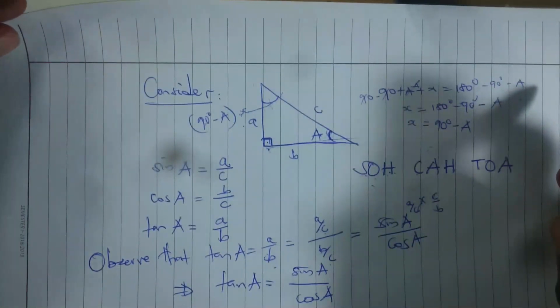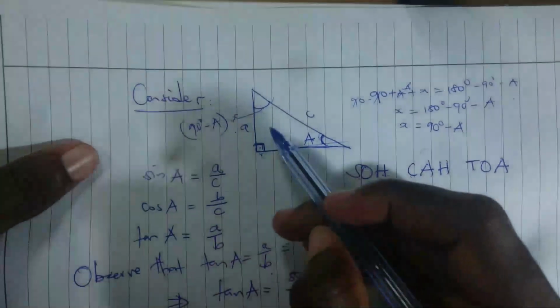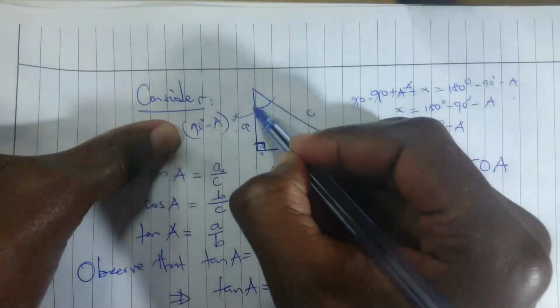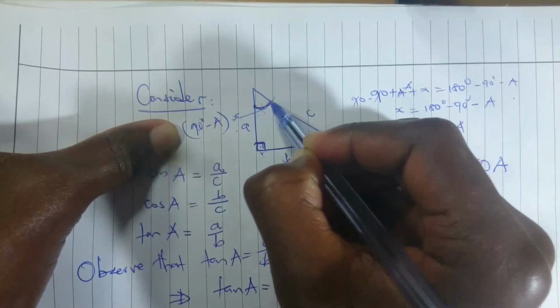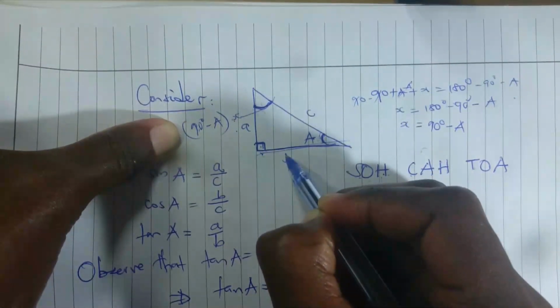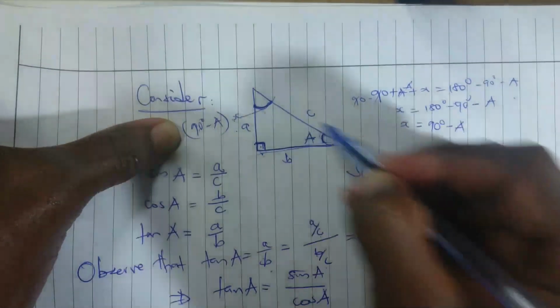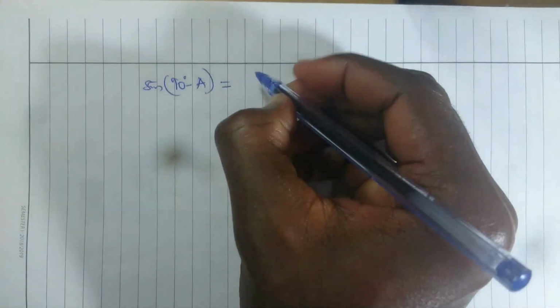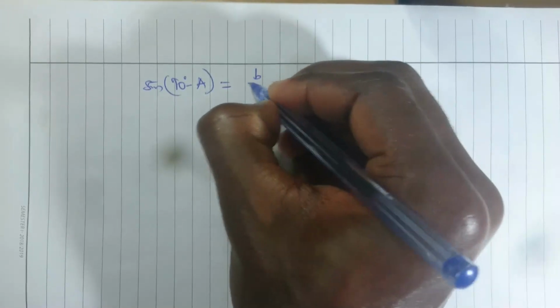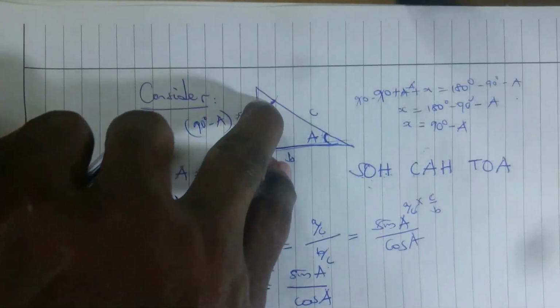But for this case, we need to observe that our opposite has changed here. Since we have this angle here, the side opposite to this angle is actually this side. So this becomes our opposite, which is B out of the hypotenuse, which is still C. So our sine of 90 minus A is actually B out of C, because B this time is opposite.